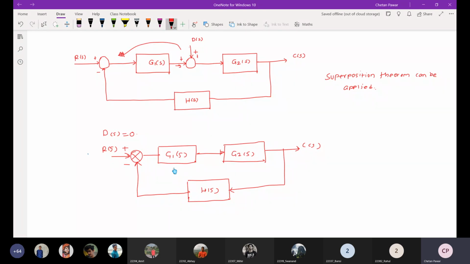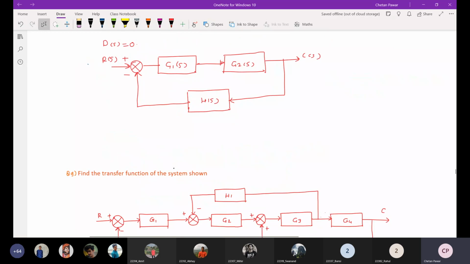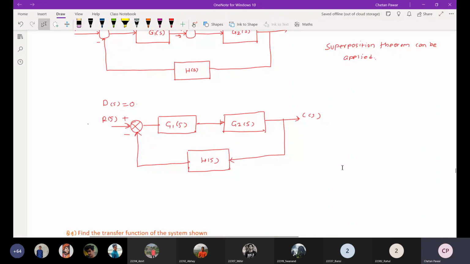So what will be the output response for R of S? What is C of S upon R of S for this particular block?